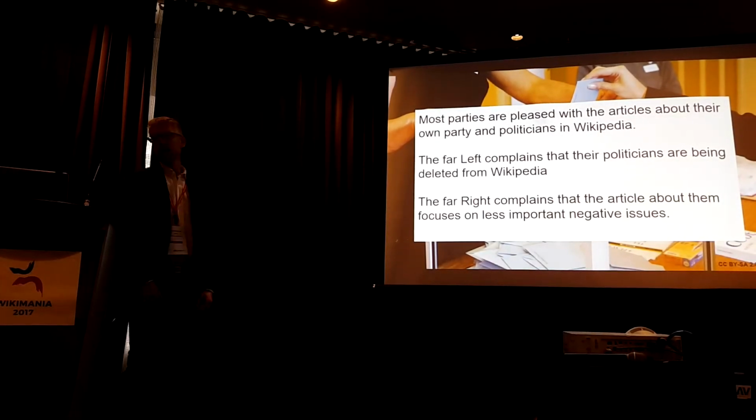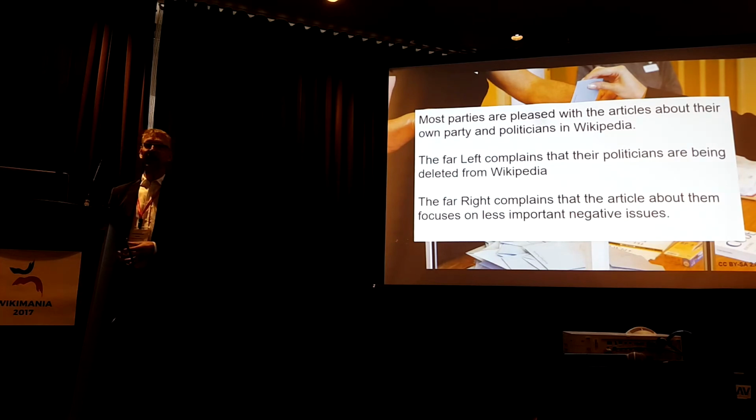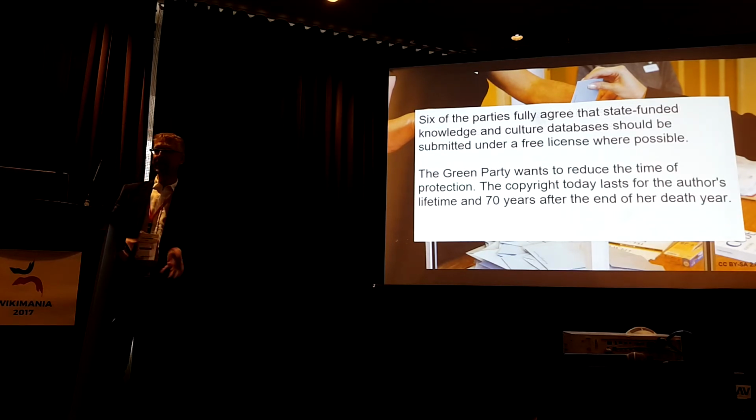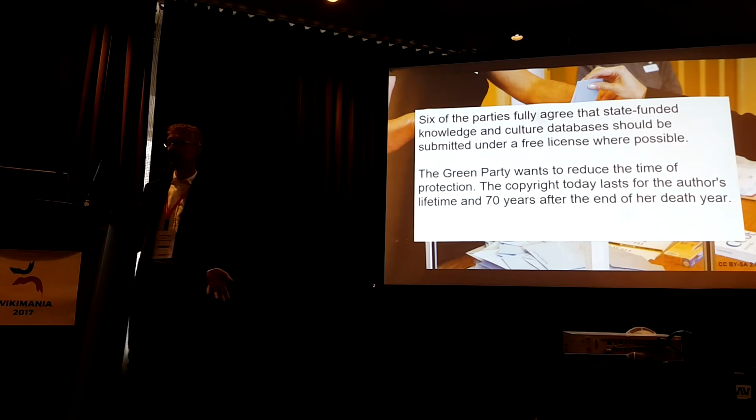Most parties are pleased with their articles in the Norwegian Wikipedia. Then the far left complains that their politicians' articles are deleted, and the far right complains that the articles focus on less important negative issues. 6 of the 9 parties fully agree that state-funded knowledge should be published under a free license where possible.